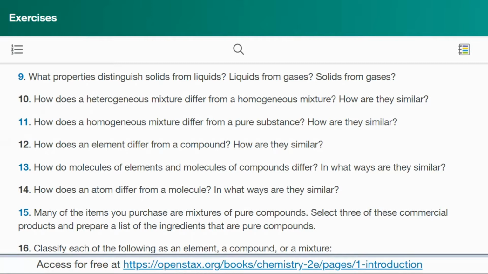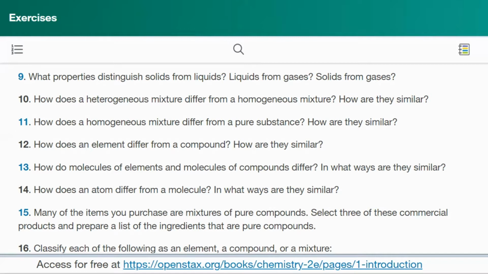So now question 11. How does a homogeneous mixture differ from a pure substance? How are they similar? A homogeneous mixture differs from a pure substance in that you can change the proportion of the parts that make up the mixture, whereas with a pure substance you can't change the proportion of what makes it up.